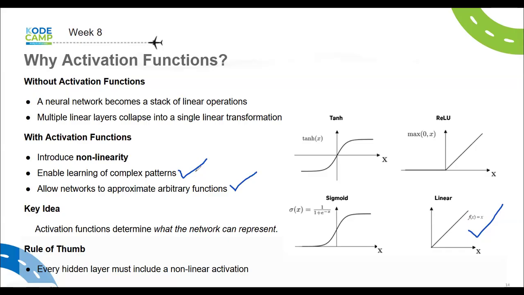You can actually prove mathematically that with a group of neural networks, you can approximate any arbitrary function. It's more of a question of how many neurons you put together and how you stack them. So the key idea here is that activation functions can actually determine what a neural network can represent.